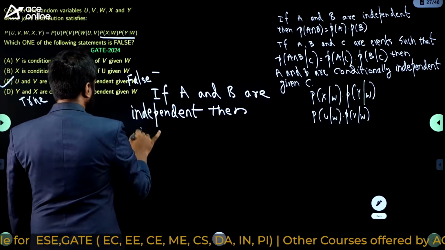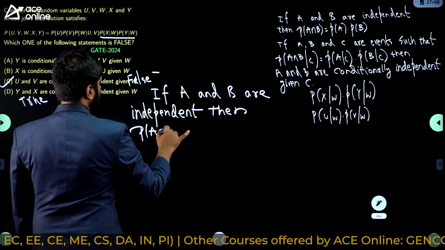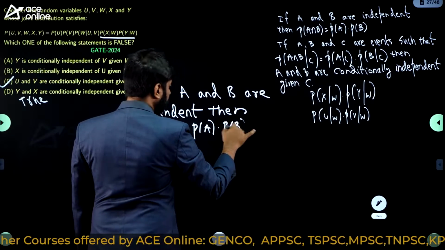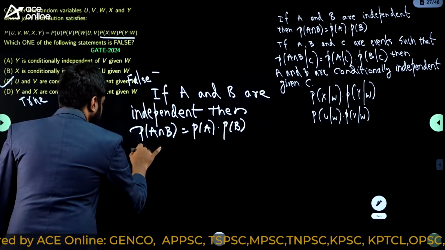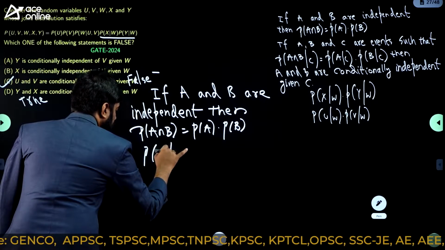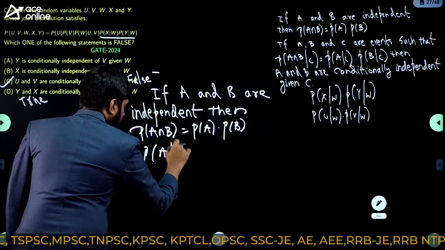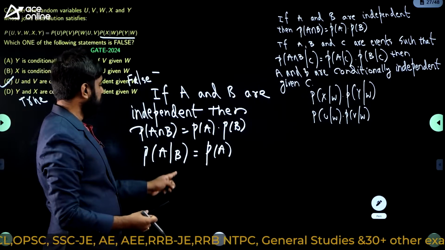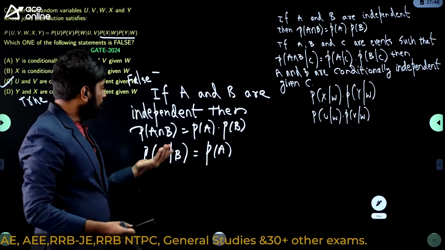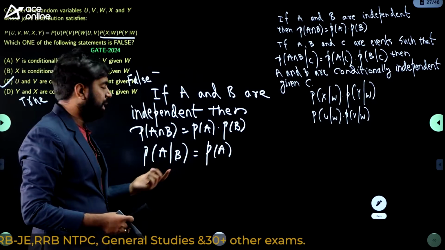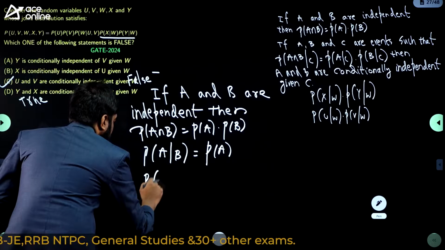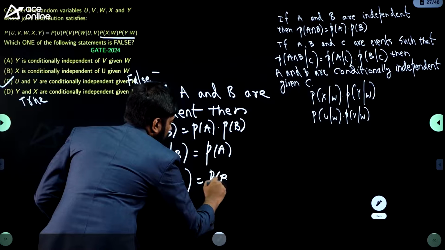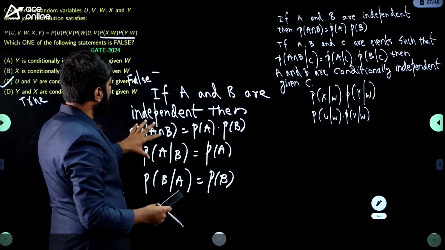Then we have studied that the probability of A intersection B is simply P of A into P of B. Not only this, if they are independent, then they also satisfy this: P of A given B will be exactly P of A, students. I hope you would have studied this in your basics. The same way you can also write P of B given A to be P of B. So, this is the consequence of A and B being independent.